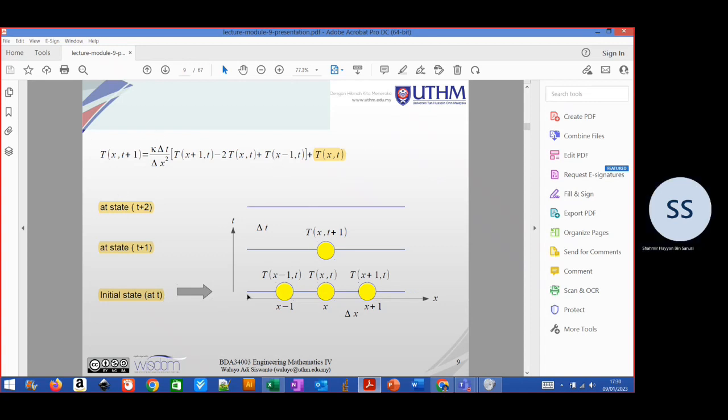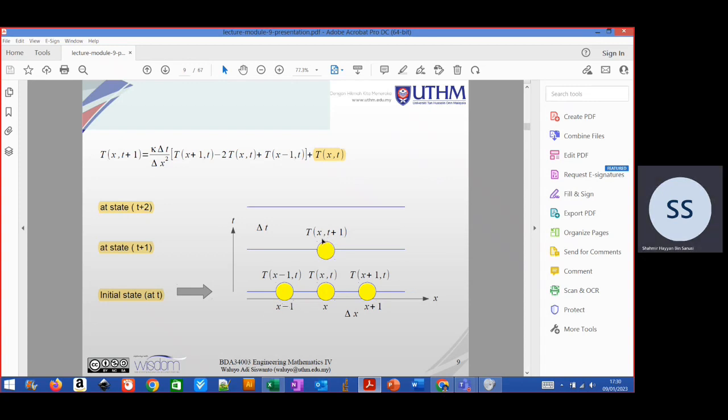This is at time equal to t, this is at t plus 1, and this is at t plus 2. From here, the temperature at this point is T x, t plus 1. If this is x, the next point will be x plus 1, and the point before will be x minus 1.